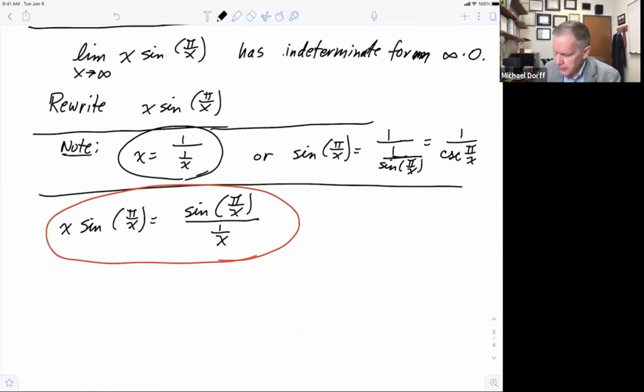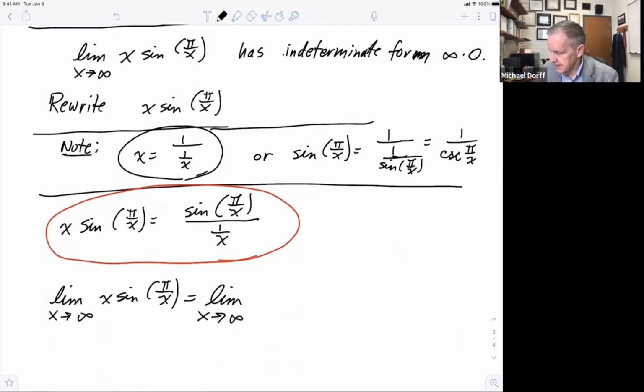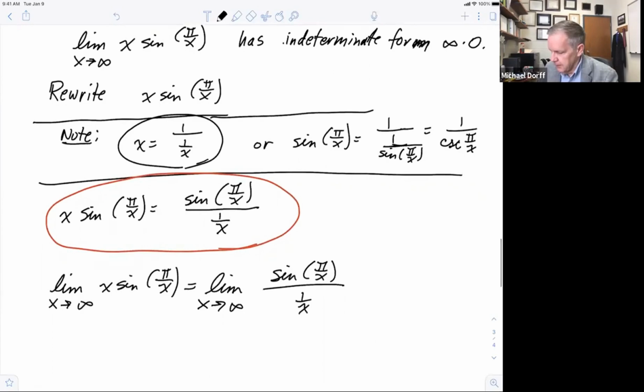So my original problem was the limit as x goes to infinity of x sine of pi over x. And now I've rewritten that as sine of pi over x in the numerator and in the denominator 1 over x. They're equivalent to each other. And I notice, what do I have here?